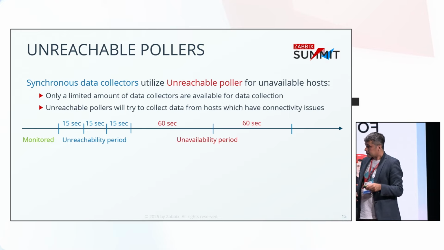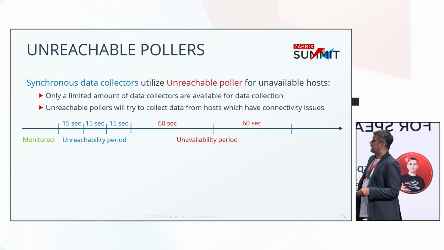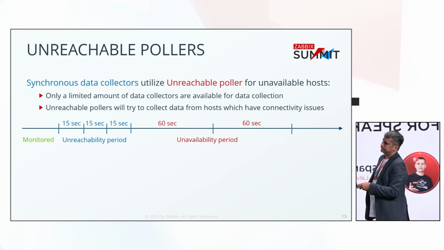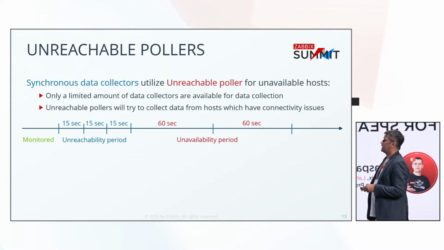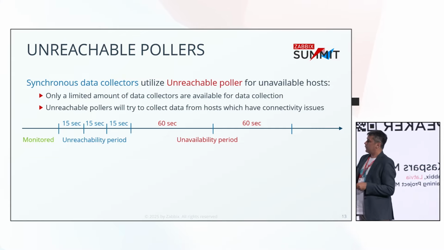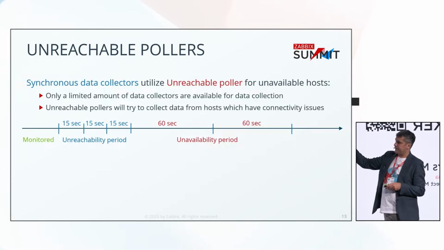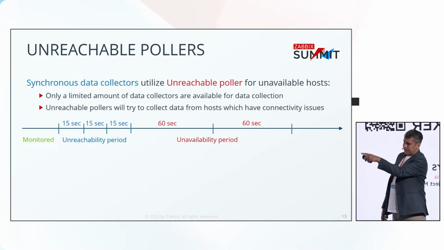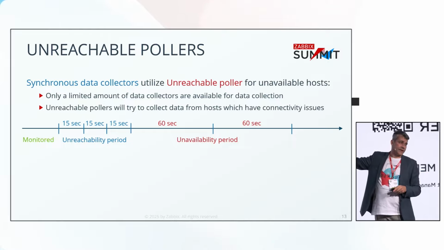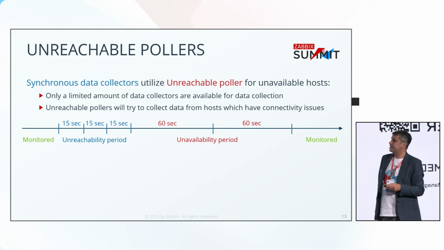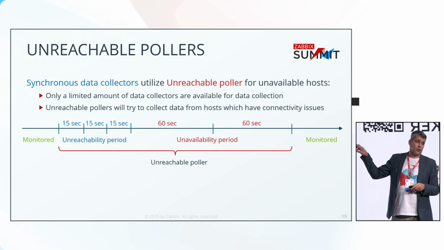Because of that, we have designed a way to handle this. Once the host is lost, we have an unreachability period. The host is now checked only every 15 seconds. If during this period there is still no response, the host is checked only every 60 seconds. This is done by a specific process, the unreachable poller.